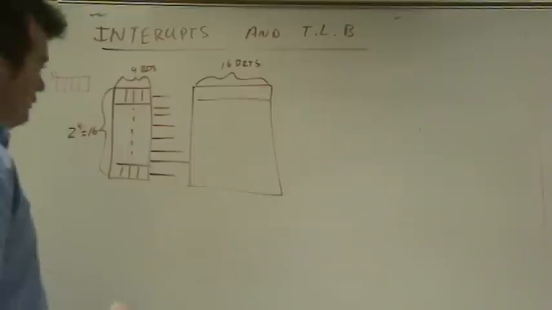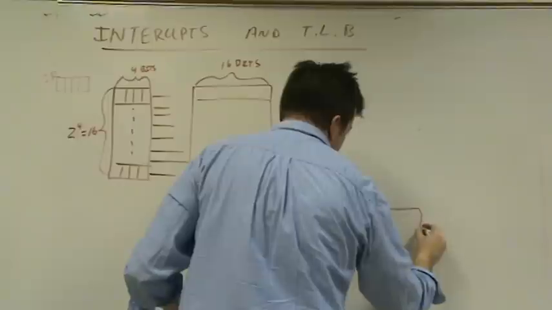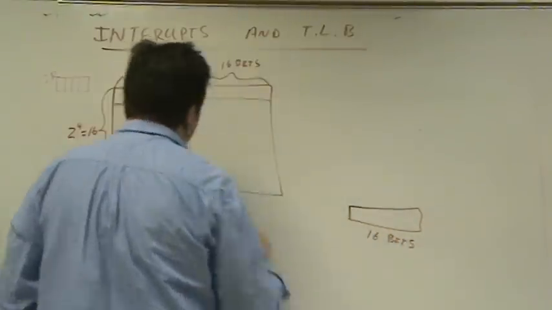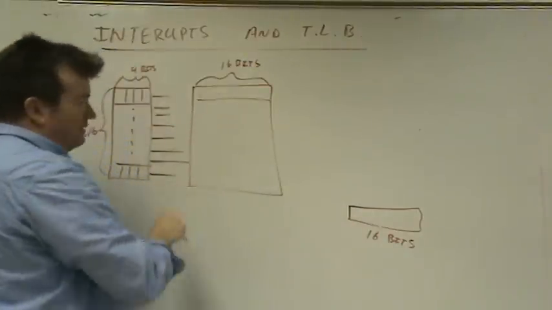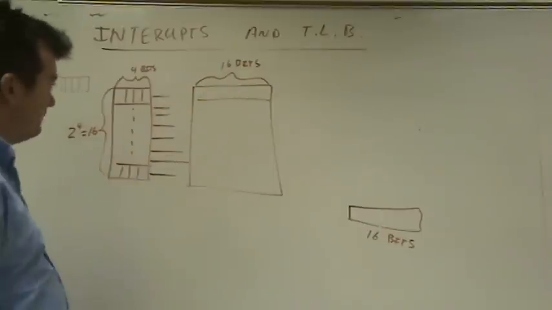And then the question is, what I'd like to do is take these 16 bits and put them into some 16-bit register. I would like whatever number is here to flow into here if this power line turns on. And that's what we just did before, but now we're just multiplying it by 16.